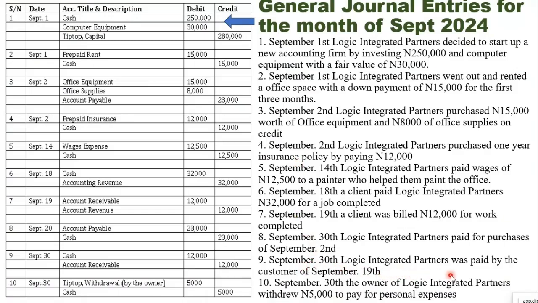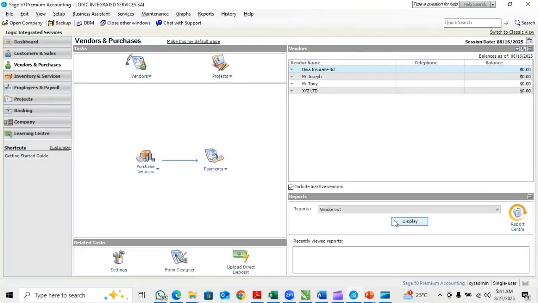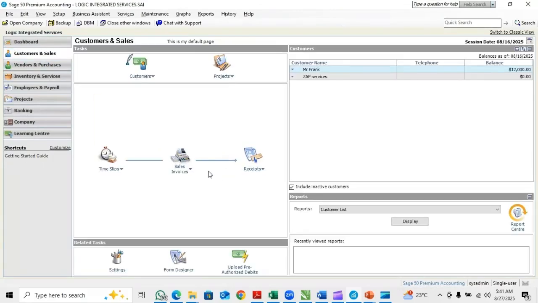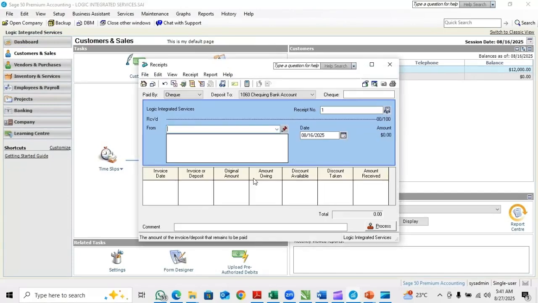Logic Integrated Partners was paid by the customer of September 19. So the bill we put here, this bill of September 19 of 12,000 naira will be paid. So we go back to our customer receipts. So we're going to create a receipt of that transaction.